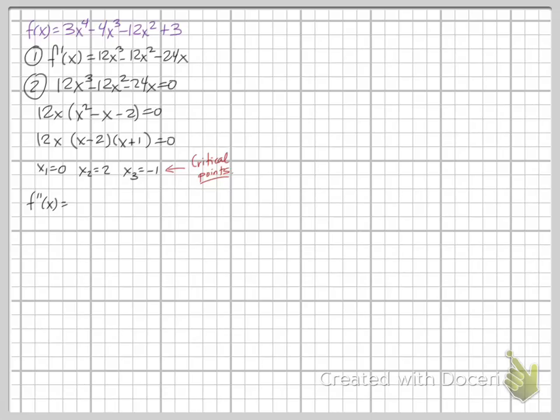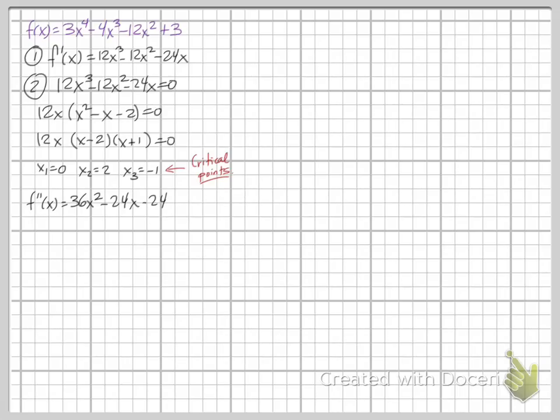So the second derivative will be 36x squared minus 24x, and the last term is going to be minus 24.